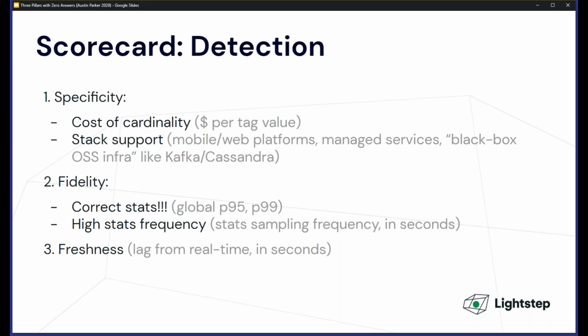Now the other part of fidelity is this high frequency, right? If you remember back to the last slide and the difference between the 1x and the 25x, if you're going to try to automatically detect things or have alerting, then you really want the ability to detect the difference between an intermittent failure and a steady state failure. And that's only really easy to do if you have high frequency of data.